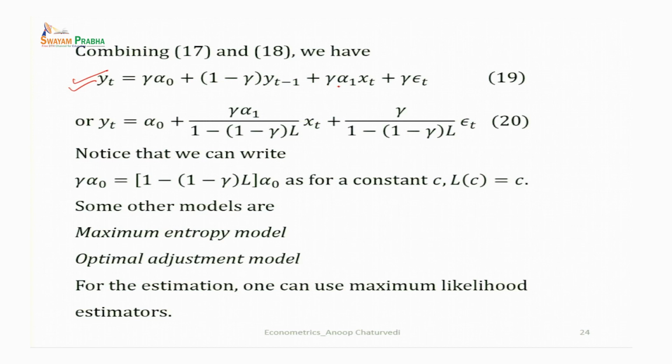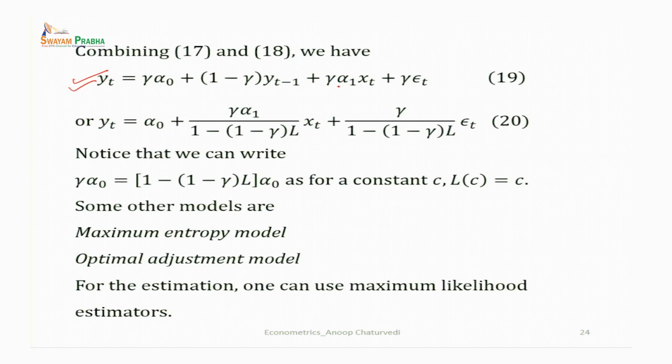Now, combining equations 17 and 18, we obtain y_t equal to gamma alpha naught plus (1 minus gamma) y_{t-1} plus gamma alpha 1 x_t plus gamma epsilon_t.